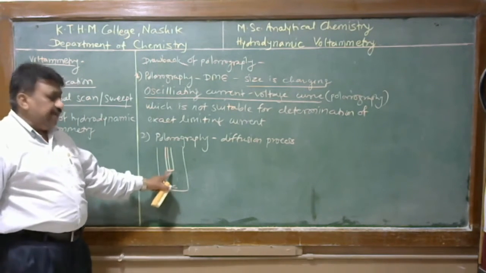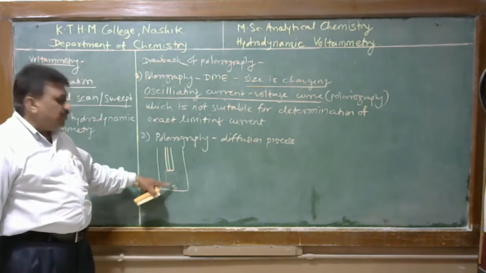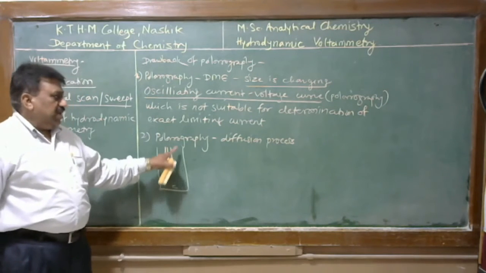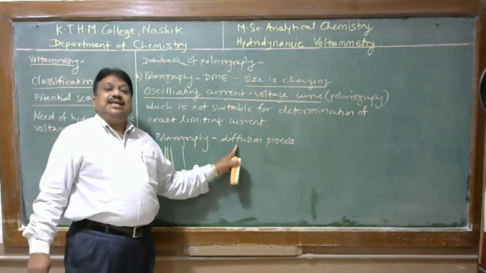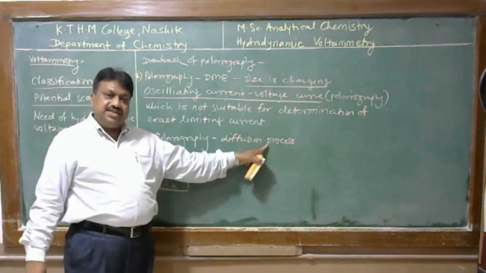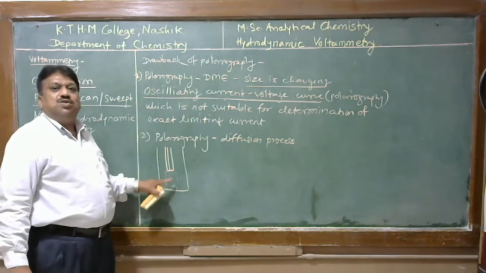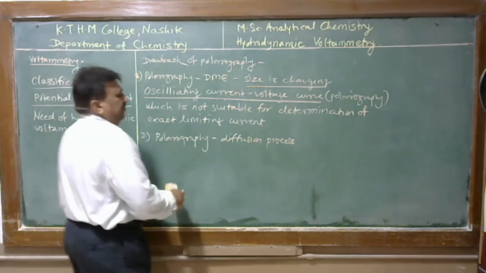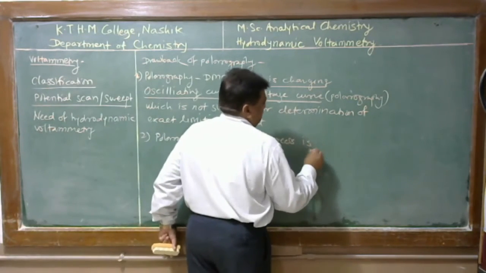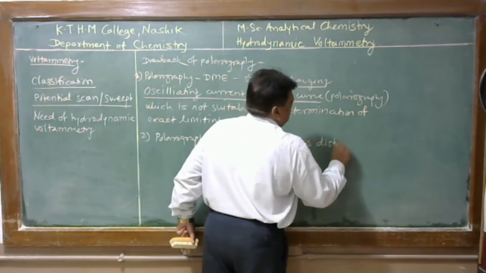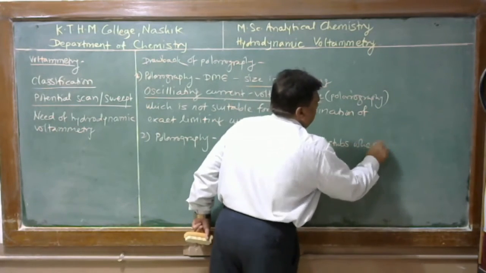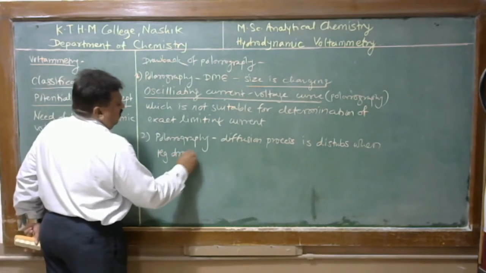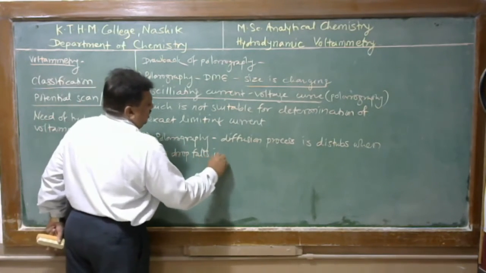Therefore, sometimes convection may take place because of the falling of the mercury drop from the tip of the capillary into the body of the solution, and therefore the diffusion process is disturbed when the mercury drop falls in the analyte solution.